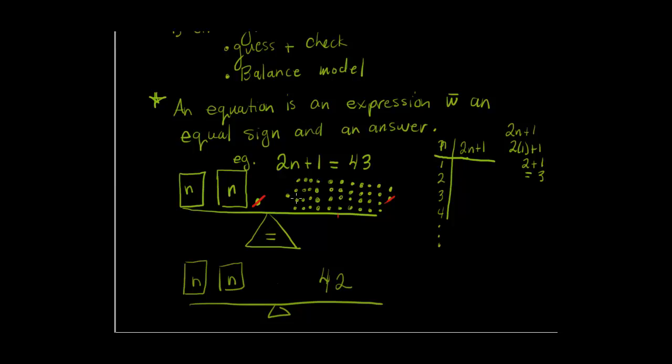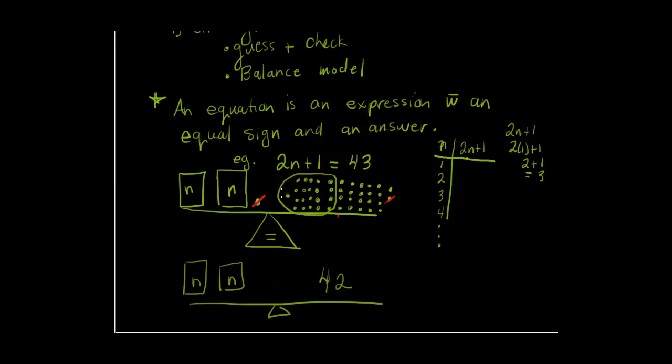So I've got 1, 2, 3, 4, 5, 6, 7, 8, 9, 10, 11, 12, 13, 14, 15, 16, 17, 18, 19, 20, 21. I think half here, 1, 2, 3, up to 21, because I've gotten rid of that one.